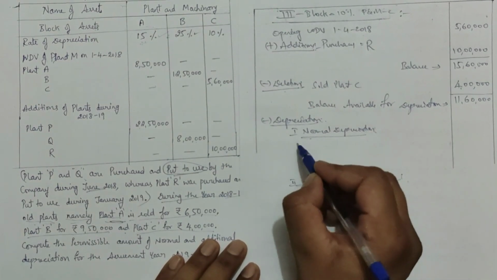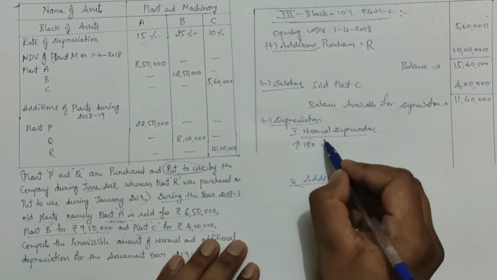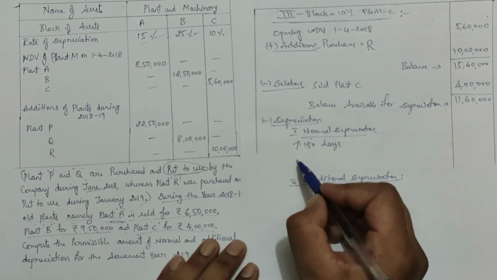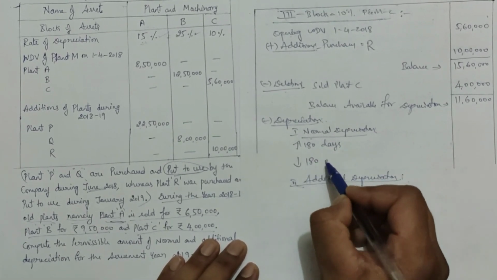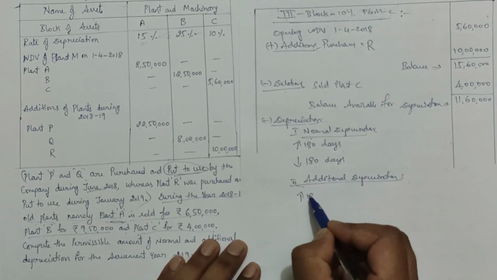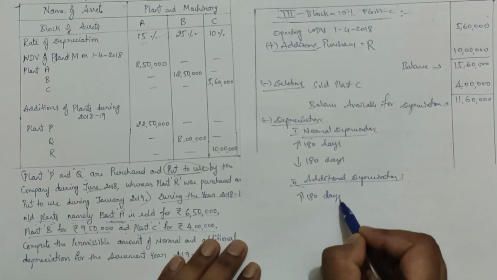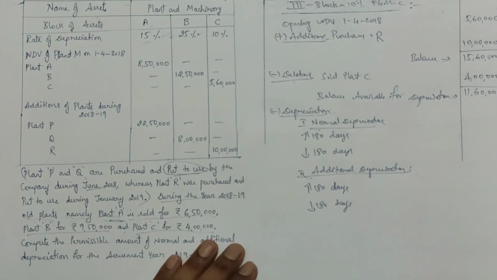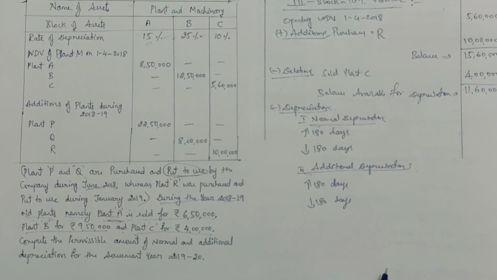Correct. So for normal depreciation, we need to check whether we have any plant and machinery that has more than 180 days and less than 180 days. And even for additional depreciation, more than 180 days and less than 180 days. Correct. So now we will check it out.